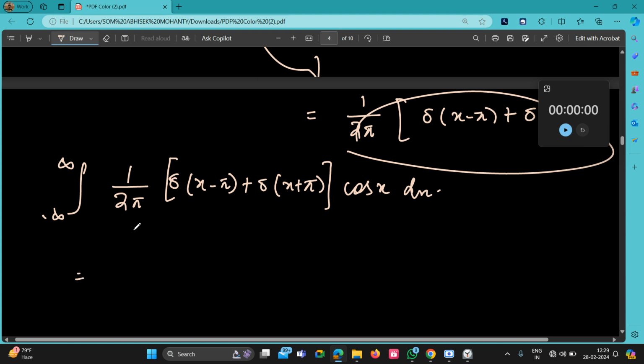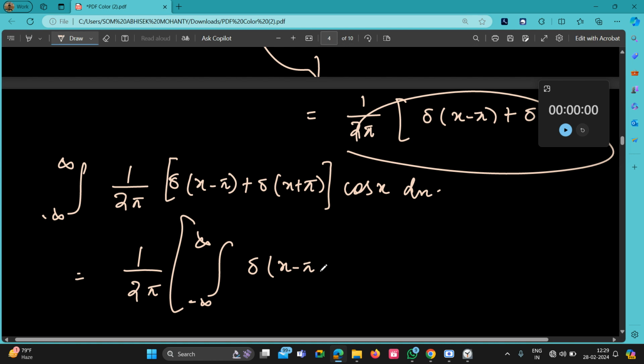So you can take your 1 by 2 pi out, and integration minus infinity to infinity delta x minus pi cos x dx plus minus infinity to infinity delta x plus pi cos x dx.